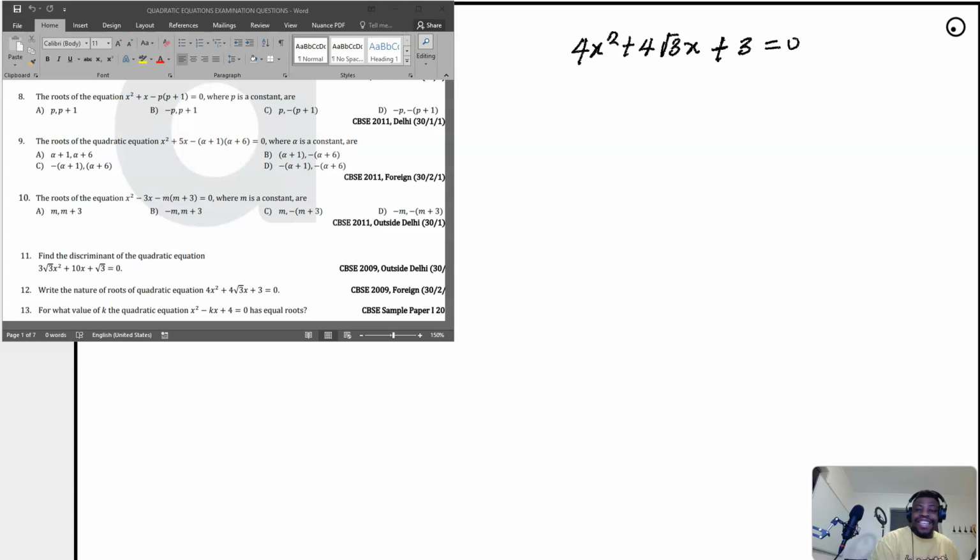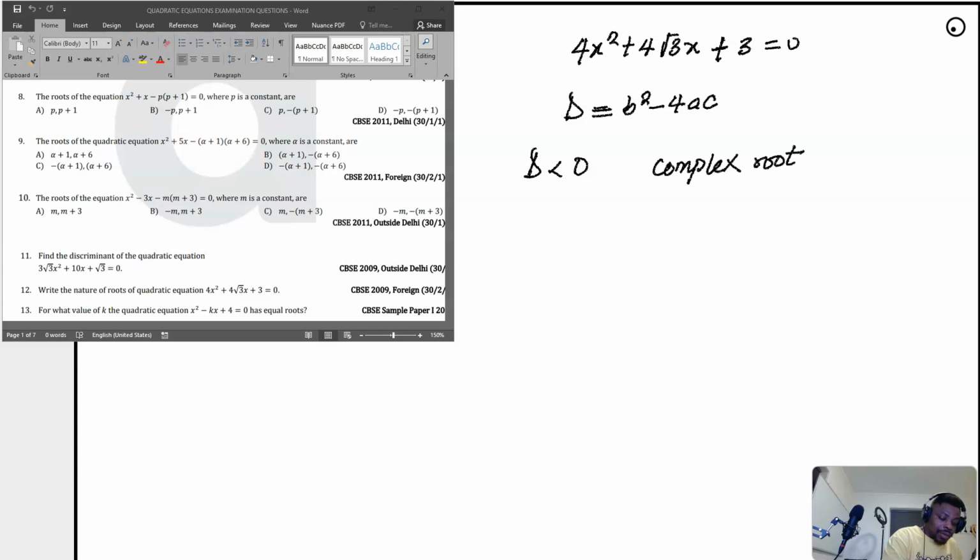Whenever we are asked for the nature of the root of a quadratic equation, we use discriminant. Discriminant is equal to b squared minus 4ac. Now, when your discriminant is less than 0, that means the roots are complex roots.